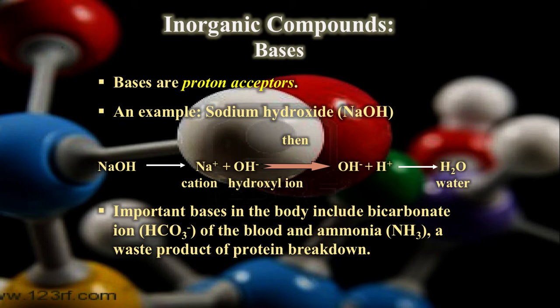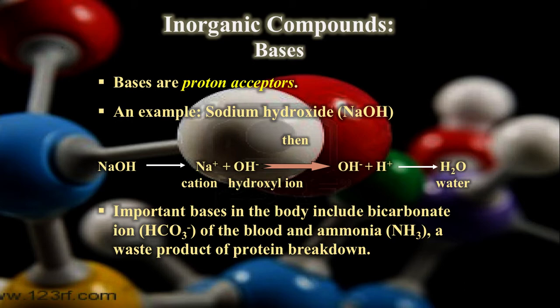Okay, bases. Bases are considered proton acceptors. So acids give off protons. Bases suck up the protons. So there's less protons around them, which means less protons in the solution. An example is sodium hydroxide. When he separates, you get sodium ion and a hydroxyl ion.